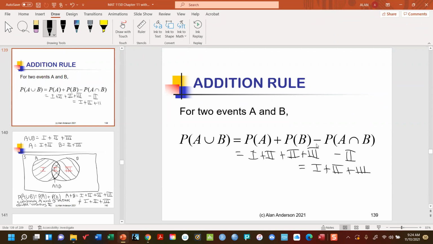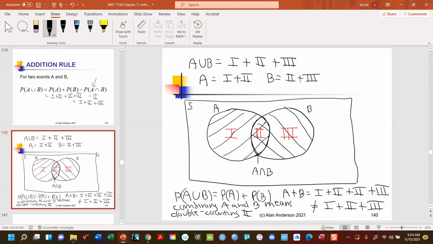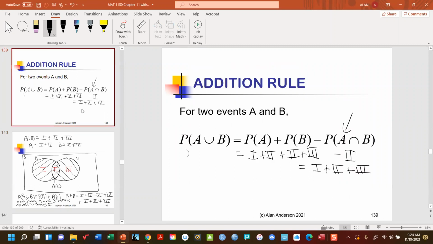All right, you don't have to memorize this. Nobody's going to test you on this, but I just want you to see why this piece is necessary. It prevents us from double counting the intersection in the middle. If you forget about that, the probability will be too high. I just thought you'd find that interesting. So this is the rule.